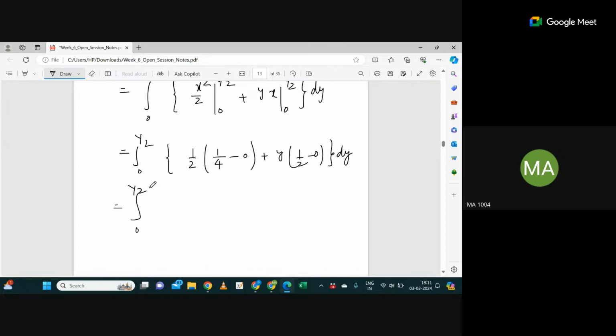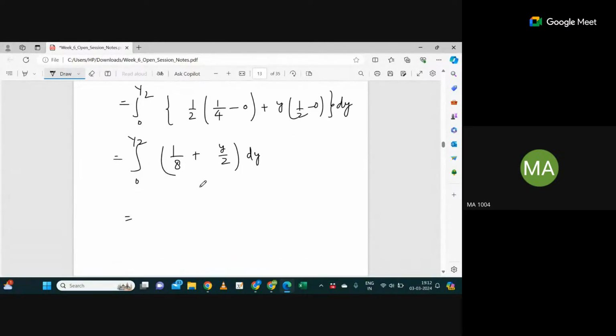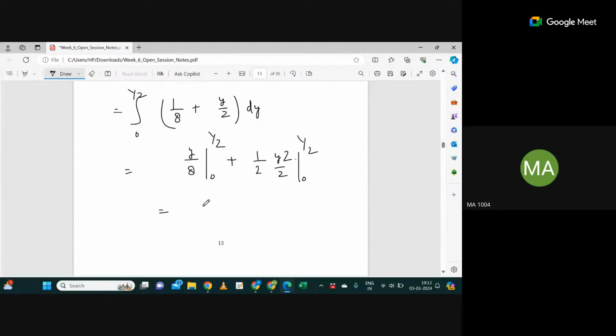Will that be all right? Yes, sir. You can. It will be 1 by 8 plus y by 2 dy. If you integrate, 1 by 8 dy will be y by 8, 0 to half, and then 1 by 2 times y square by 2, 0 to half. Am I right? Yes, sir. If you put the limits, it will be 1 by 16 plus 1 by 16, which is 2 by 16, which is nothing but 1 by 8. So this was the simple one.